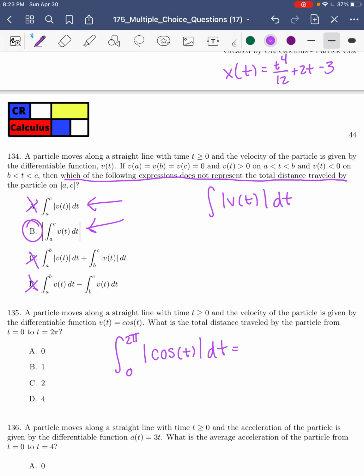And honestly, if this is not a calculator question, just skip it because y'all don't know your unit circle. And honestly, it took me forever to do it by hand. But when you put this in your calculator, you should get 4 or D.